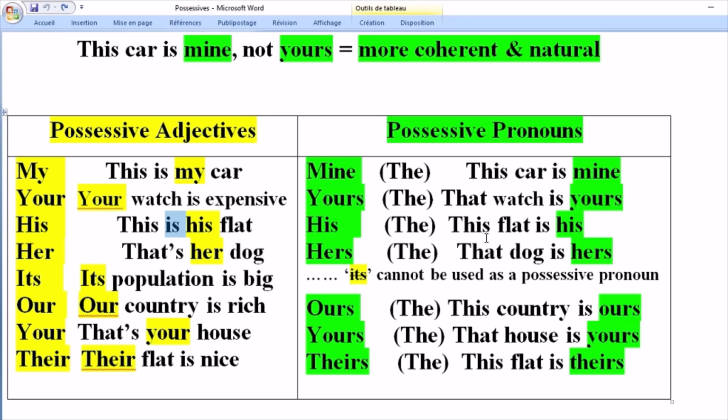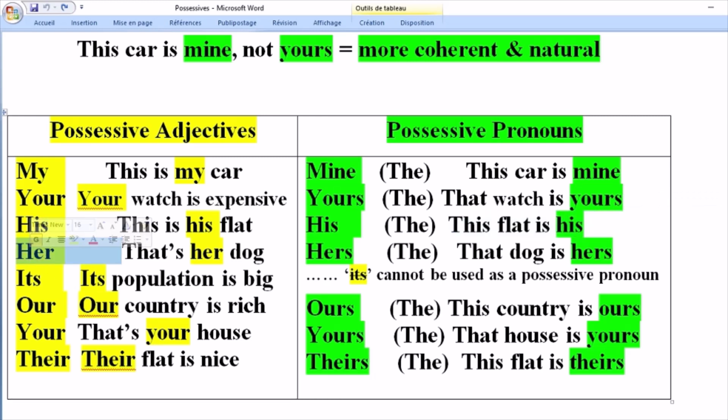The flat, or this flat, is his. Possessive form, this is his flat. It becomes this flat is his.